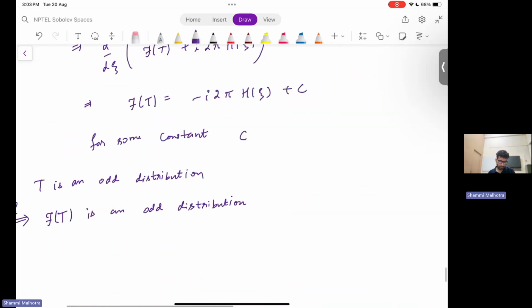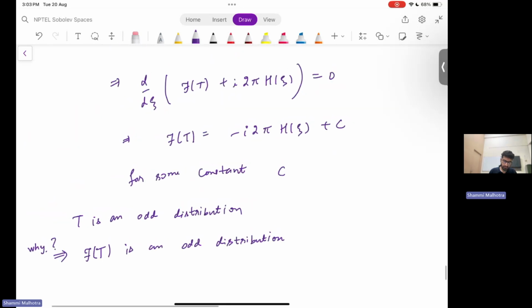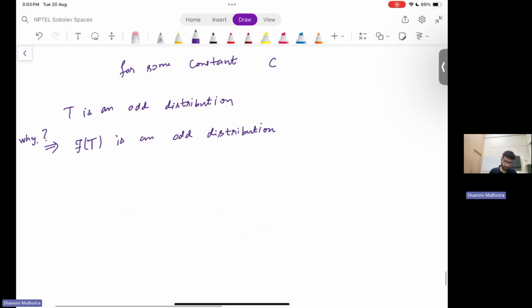So using this, what we end up with, but one thing which we would like to note is that this ft is a Heaviside function times some constant.